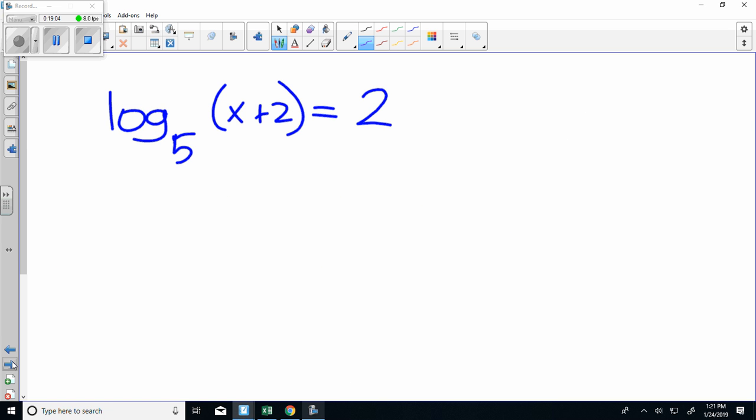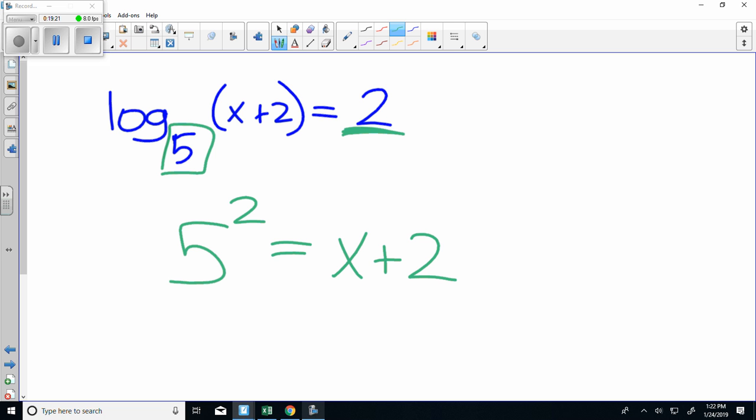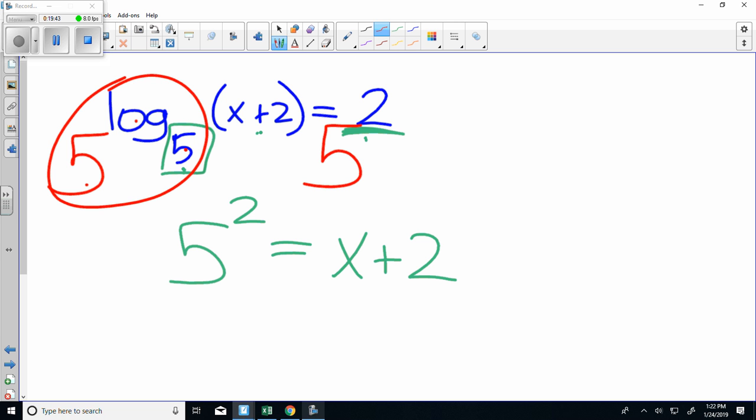All right, now this one, log base 5 of x plus 2 equals 2. Remember, in a logarithm, there's your base, that is your exponent, and x plus 2 is what it equals. So when you have a logarithmic equation with some base, you just rewrite it like that. The other way to think about it is, since it's log base 5, we need a base of 5 on both sides, and 5 and log 5 are inverses of each other, and they go away.